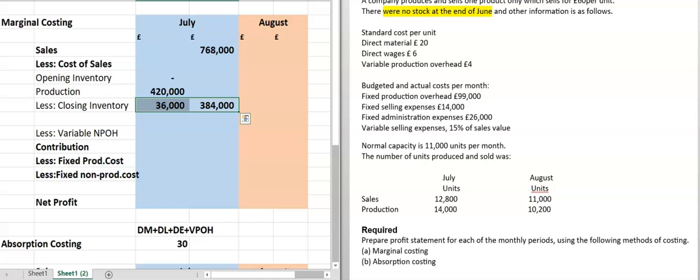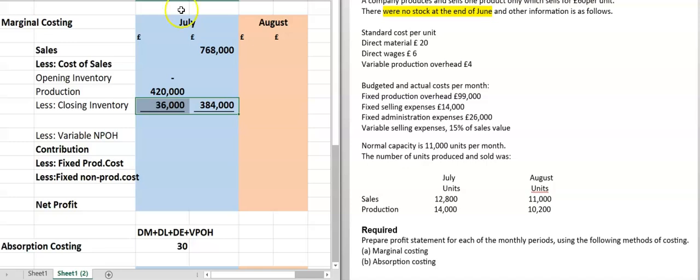What's next? The next thing is you have to get the difference of this, because sales minus cost of sale. So cost of sale is 384,000. So you have to get this figure minus this figure.